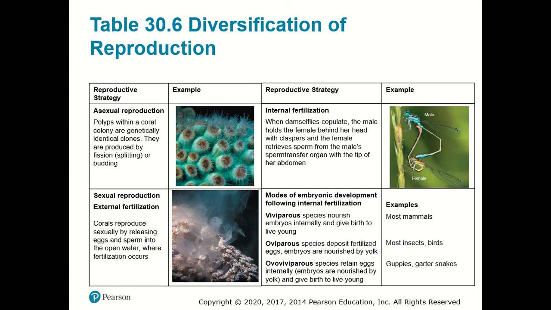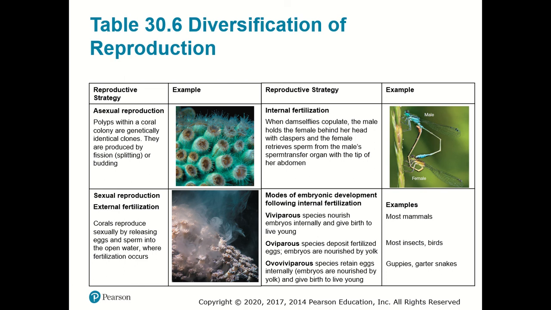Oviparous species, ovi refers to an egg, and these are species that deposit fertilized eggs outside of the body, and the egg is basically nourished by the yolk, the yellow part of the egg, and that's how over time this animal develops, again within the egg.